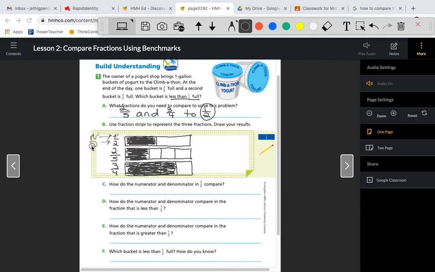So how do these numbers compare? Well, if we look at the fraction 1/2, we can see that the numerator is half as much as the denominator. So we can say the numerator is half as much as the denominator.